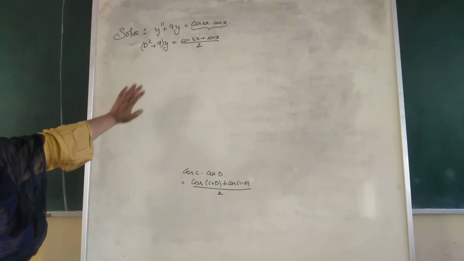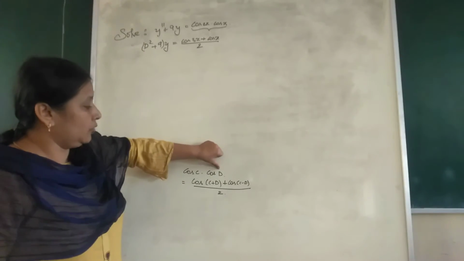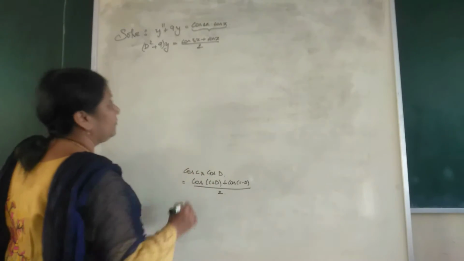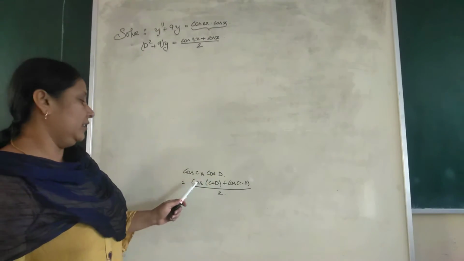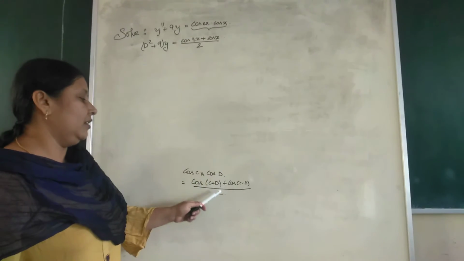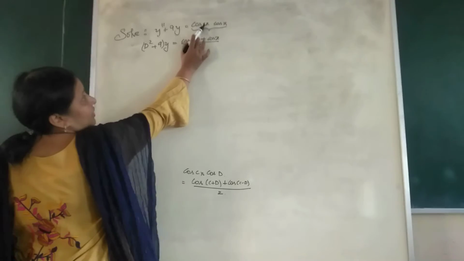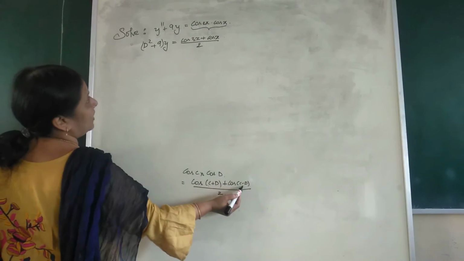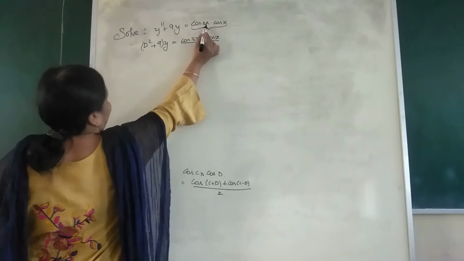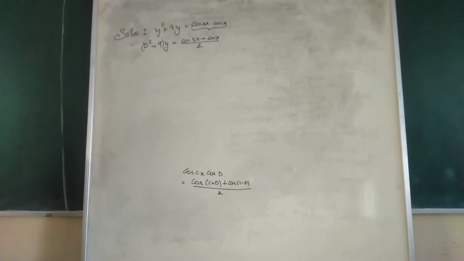I will repeat: whenever we have cos C into cos D, the formula says cos of (C plus D) plus cos of (C minus D), the whole divided by 2. Here our C is 2x and D is x. In the first case you add them, in the second case you subtract them: 2x plus x, 2x minus x. Hence you get cos 3x plus cos x, the whole divided by 2.